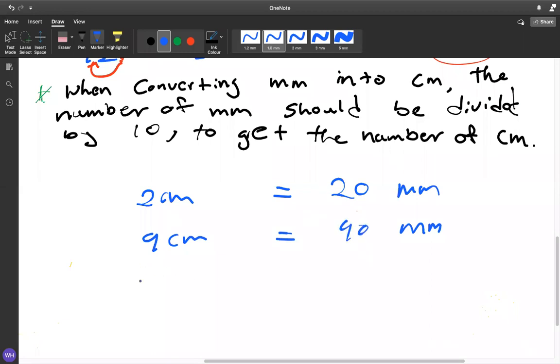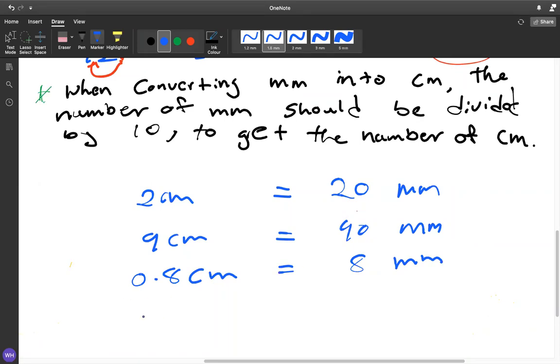Randino, tell me, if you have 0.8 centimeters, what is the number of millimeters? 80 millimeters. No, it is 8 millimeters, right?